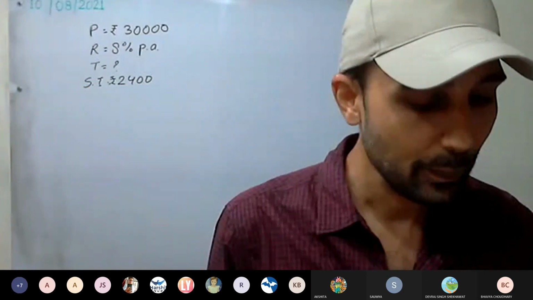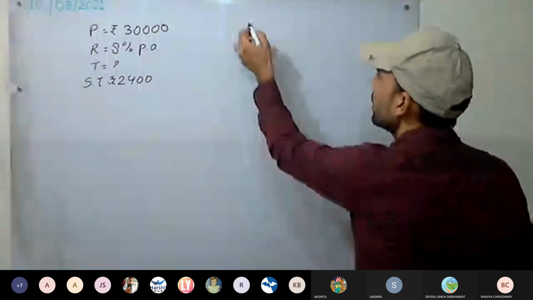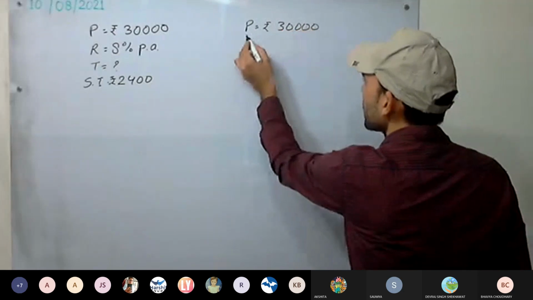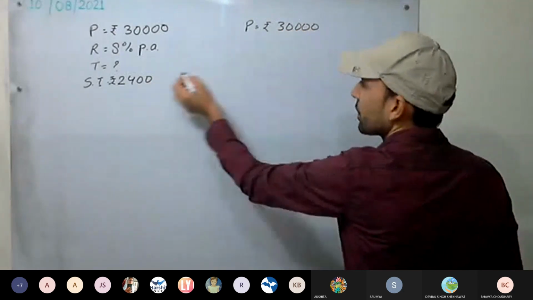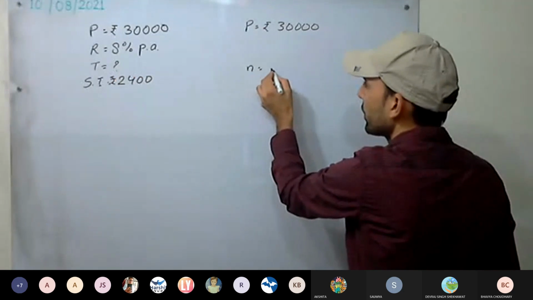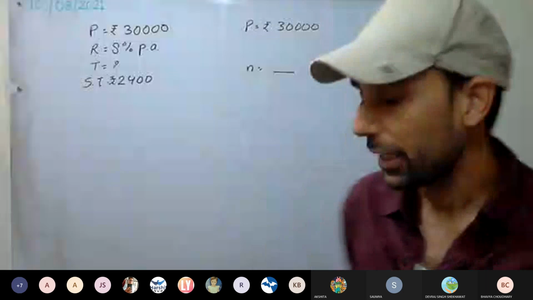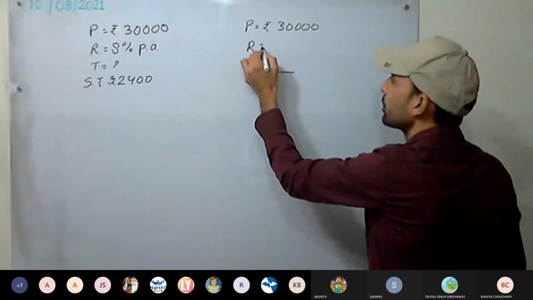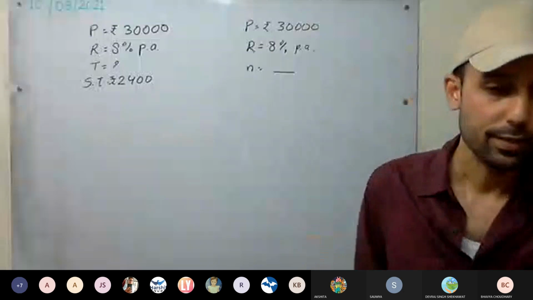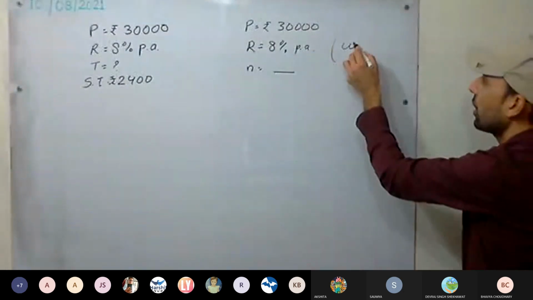If the same sum is invested, it means this time principal is rupees 30,000 and time is the same. Whatever time we get here, we will put here, so n equal to whatever we get from here, at the same rate of interest and compounded half yearly.